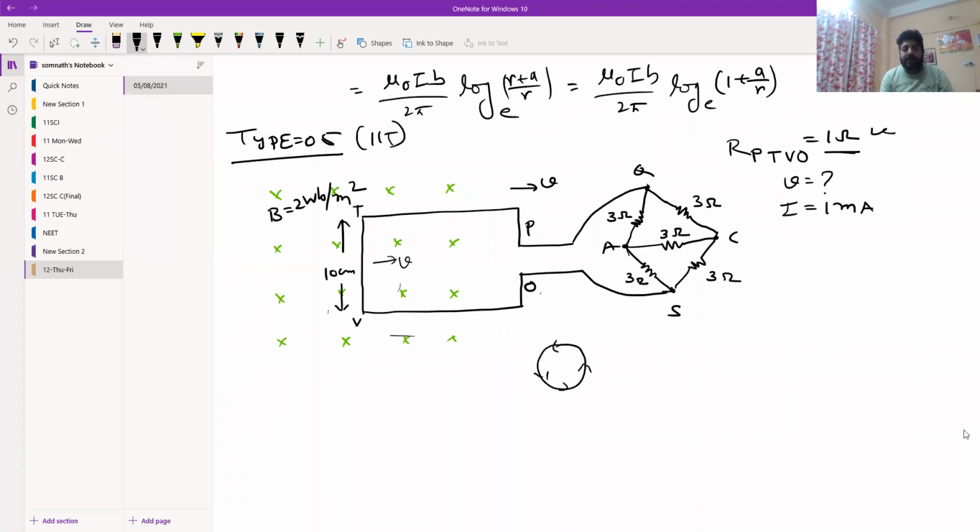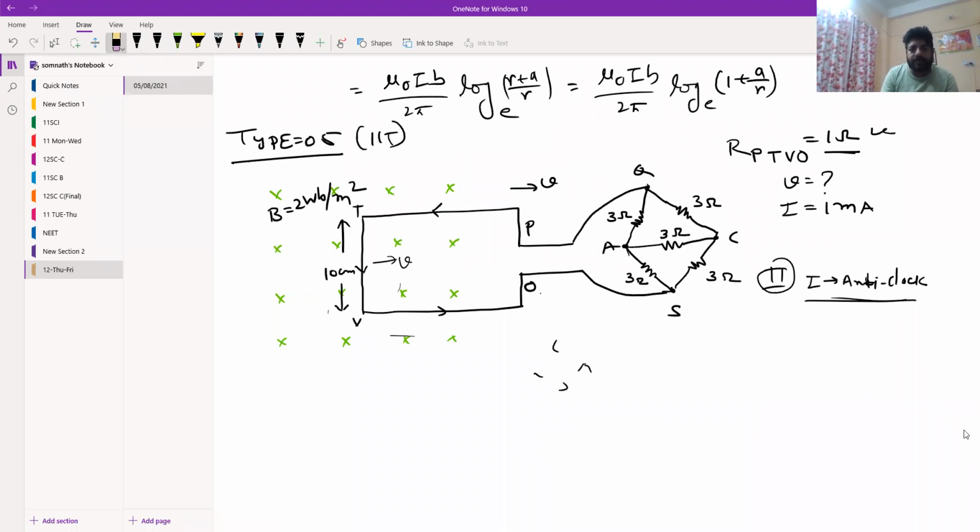Dot means anti-clockwise, by the right hand curl rule. So the current will flow anti-clockwise. So I first give the second part: the current is anti-clockwise.